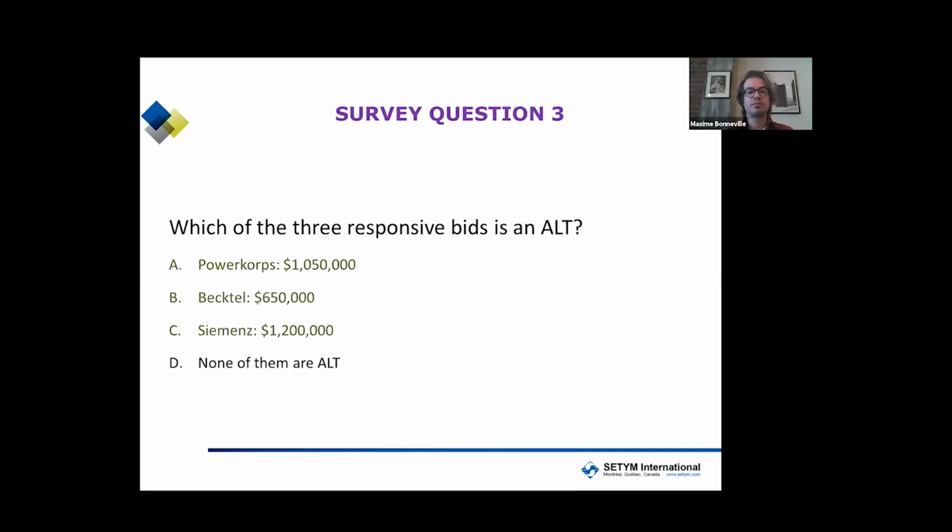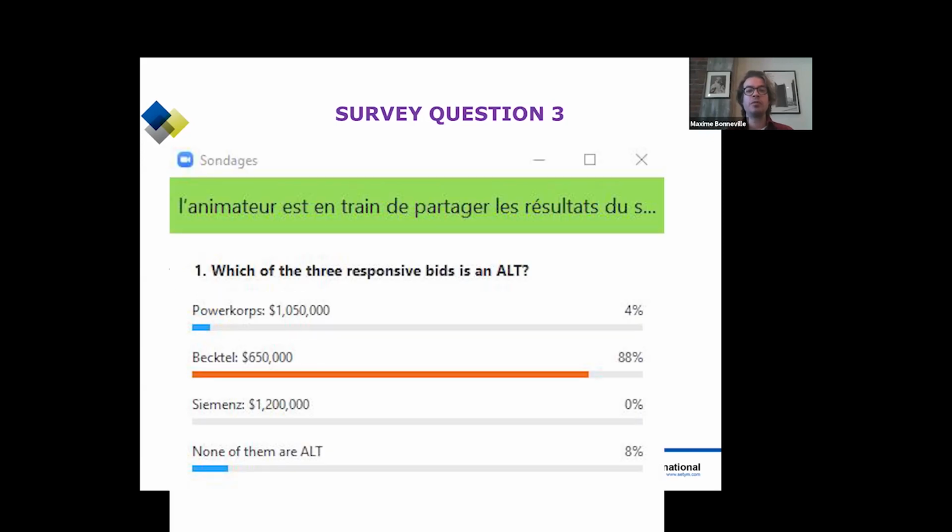The first step is purely mathematical. Responsive bids, then you compare to the threshold, which is under $800,000, 20% less than your procurement plan budgetary estimate. Okay, I'll leave you a couple more seconds.